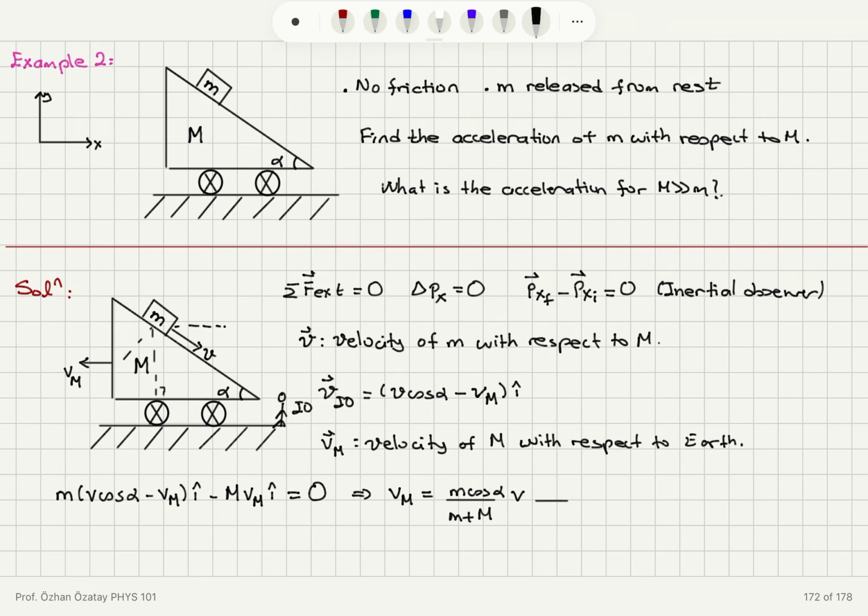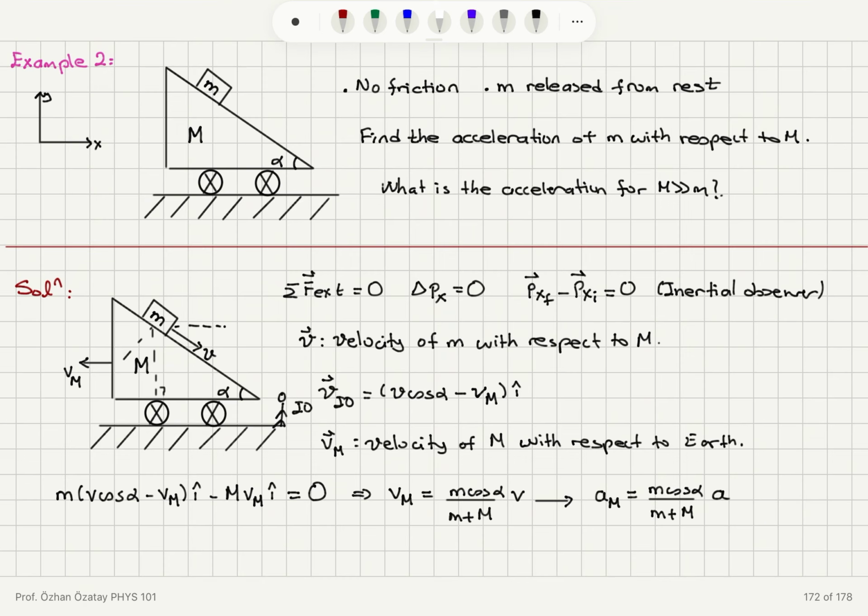So this is the relationship between the velocities, and if you take a derivative with respect to time, you find that the acceleration of the wedge according to the Earth observer is m cosine alpha divided by m plus capital M times the acceleration of m with respect to capital M, which is the question here. So I want to know what is this acceleration with respect to capital M.